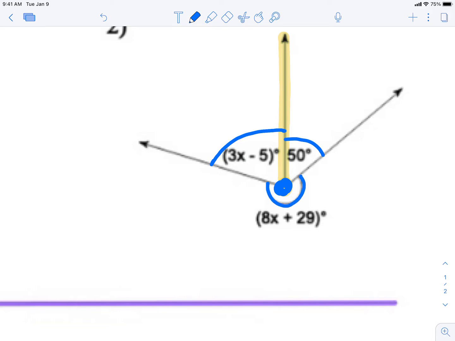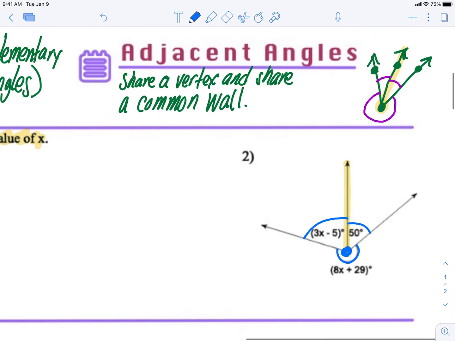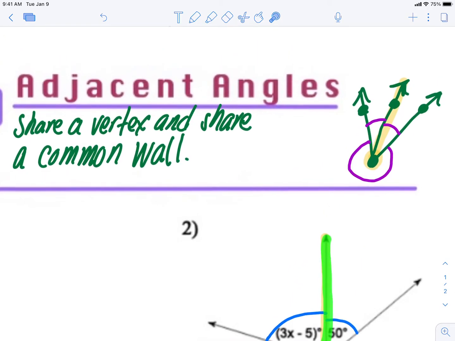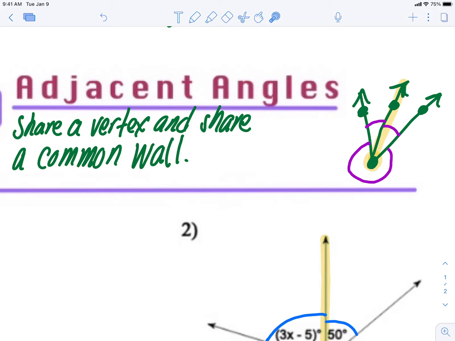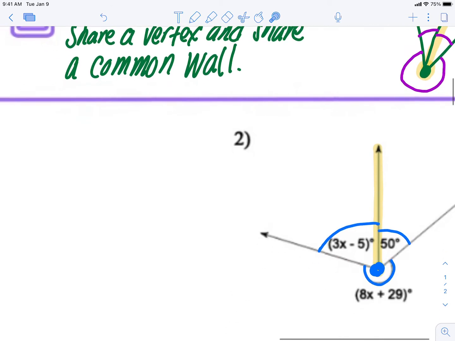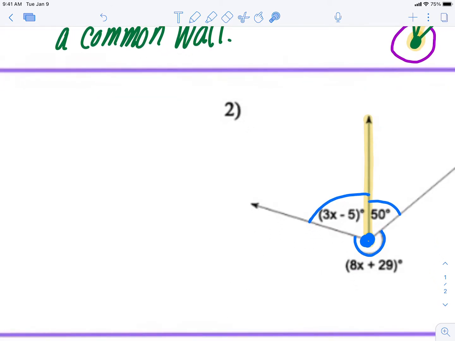What does that look like? These are two angles that share a vertex and share a wall. Adjacent angles, right? And remember what I told you? When you have the loop on the outside plus the two small ones on the inside, they form an entire circle that adds up to 360 degrees.